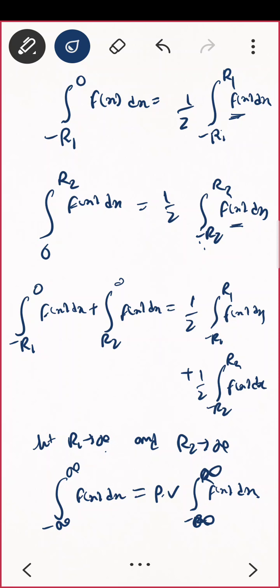We will write our function f of x in the form p of x upon q of x, where p of x and q of x must be polynomials with real coefficients, correct? And we agree that q of z has no real zero, but it has at least one zero above the real axis.